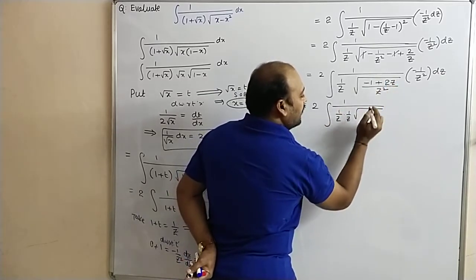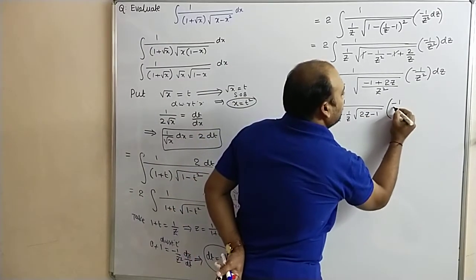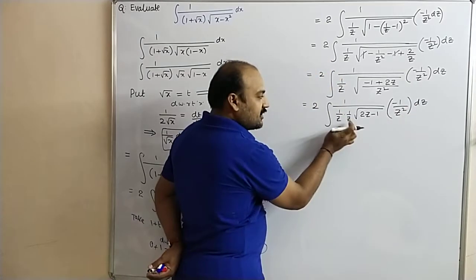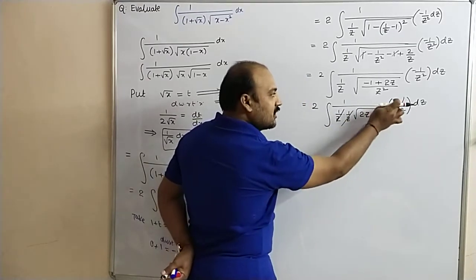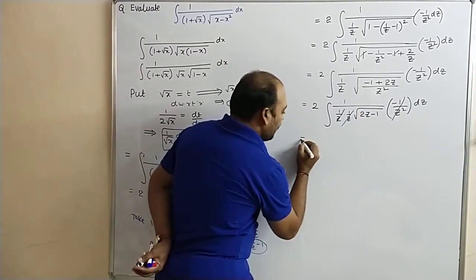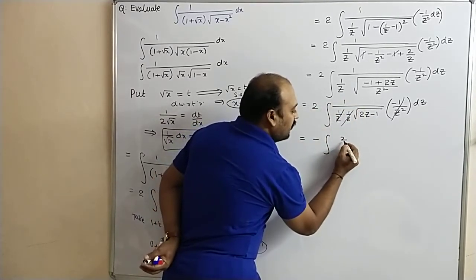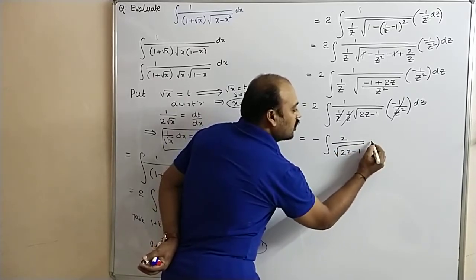Square root of 2z minus 1, write it first, positive first, into minus 1 by z square into dz. 1 by z into 1 by z is 1 by z square. Here 1 by z square, here 1 by z square get cancelled. Minus will be there. So minus you can take outside and 2 you can take inside the integral, because I will tell that is 2 by root 2z minus 1 into dz.